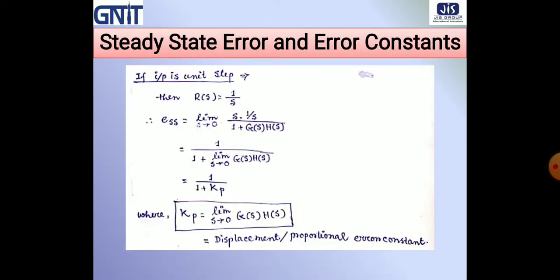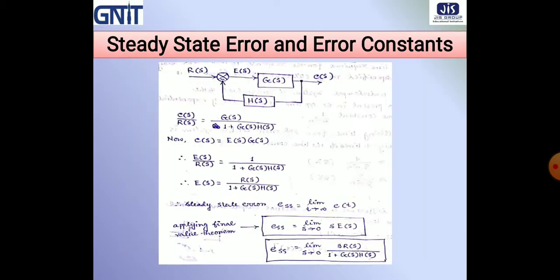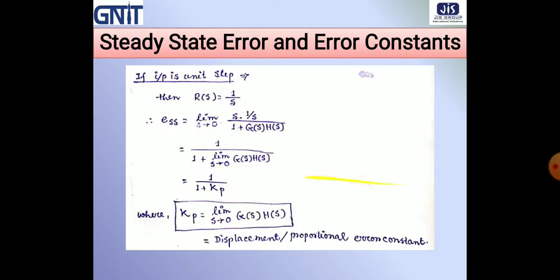Now if the input is a step signal, then R(s) will be 1 by s. For a step signal, R(s) is equal to 1 by s. Now for this equation, just put the value of R(s) equal to 1 by s.